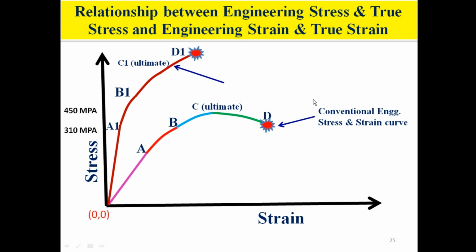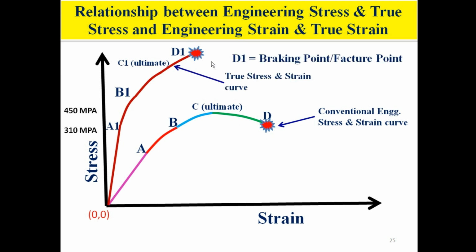Okay. So this is your conventional engineering stress strain curve. This is your true stress strain curve. So D will be your breaking point, or you can say your fracture point. That's also your breaking or fracture point.